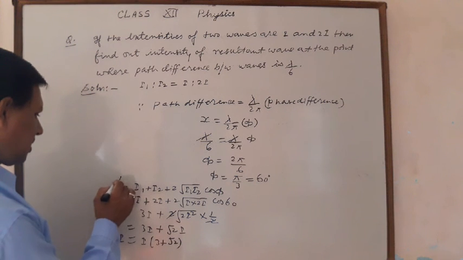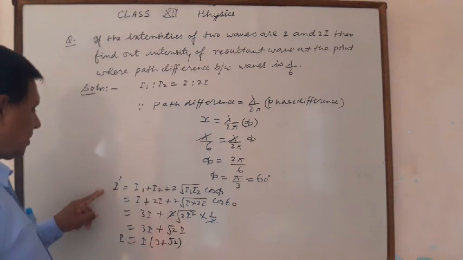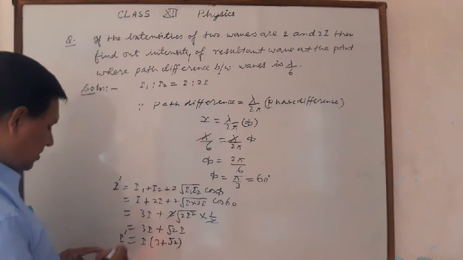Here we represent the intensity of the resultant wave as I dash.